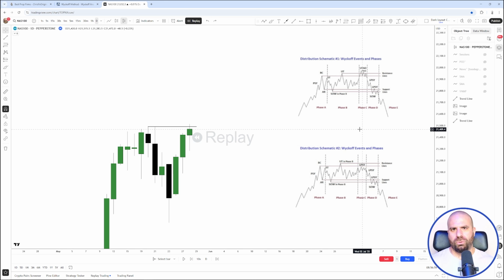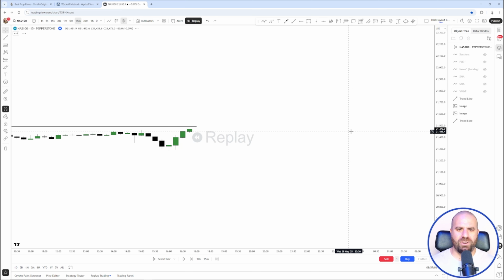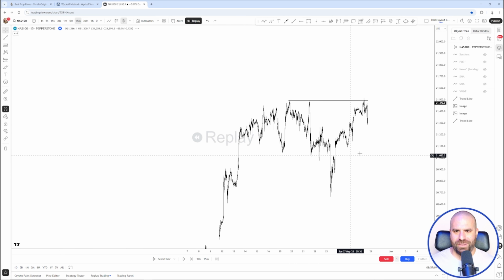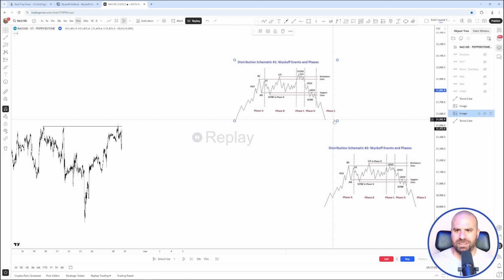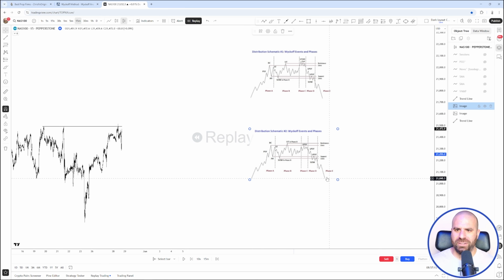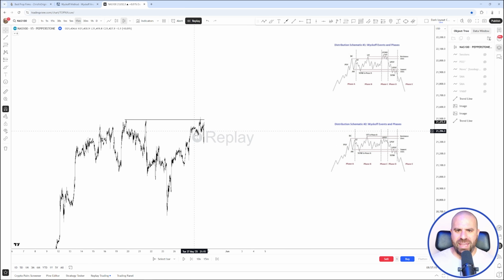Now, in order to make things even more clear, I will go to the 15-minute time frame, even though the 5-minute time frame would work exactly the same. I'm going to transfer those two schematics, which show a WYCKOFF distribution, a phase that you are trying to see if you're going to sell.